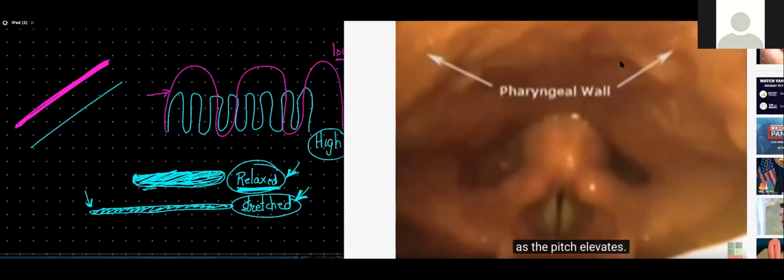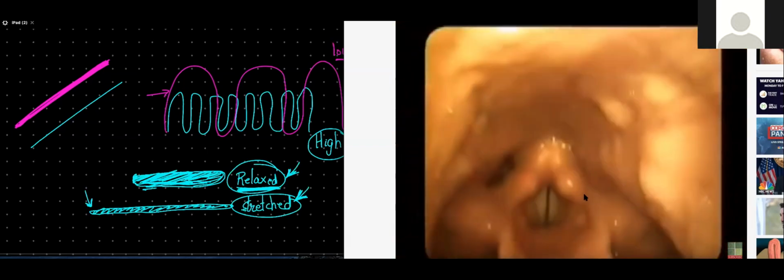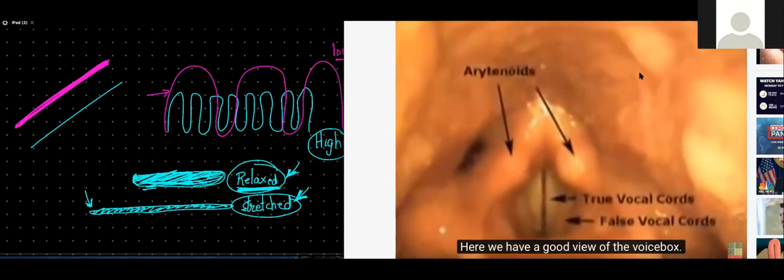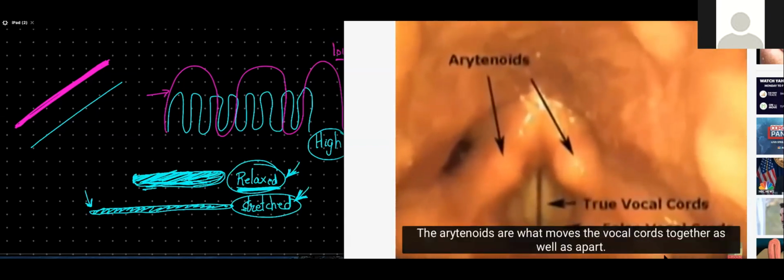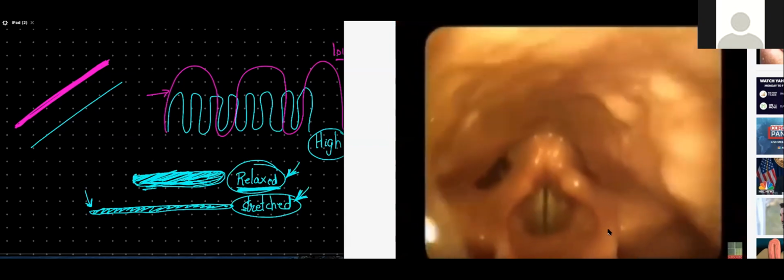This is my pharyngeal wall of the oropharynx. I kept moving. So this is going to be the laryngopharynx, the part of the pharynx located behind the larynx.